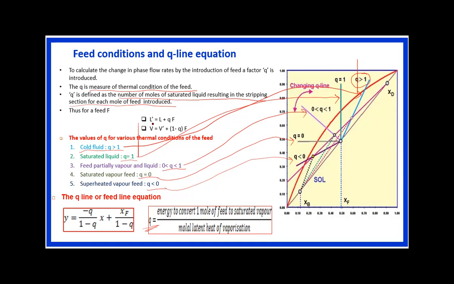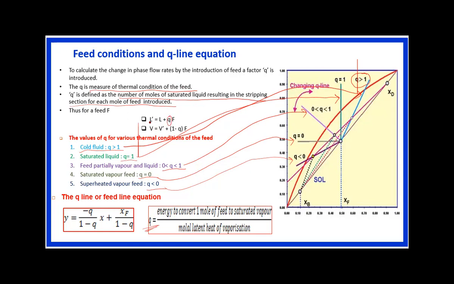And what we discussed in the previous slide, L and L dash, V and V dash, are the liquid flow rates and vapor flow rates in the rectifying section and in the stripping section. Depending on this q value only, L dash or V dash can be calculated.